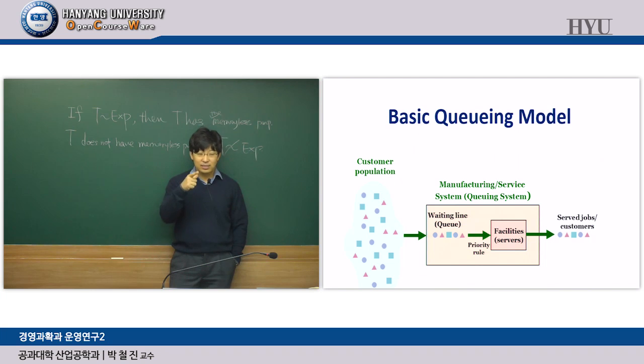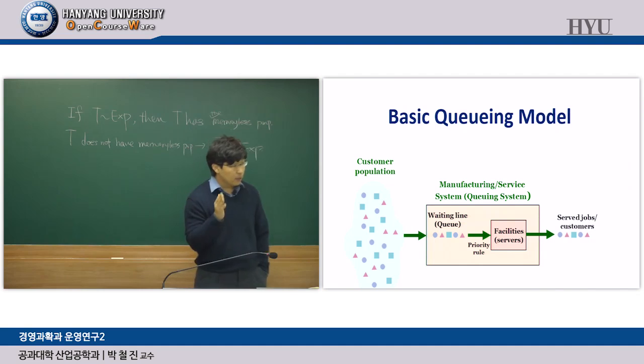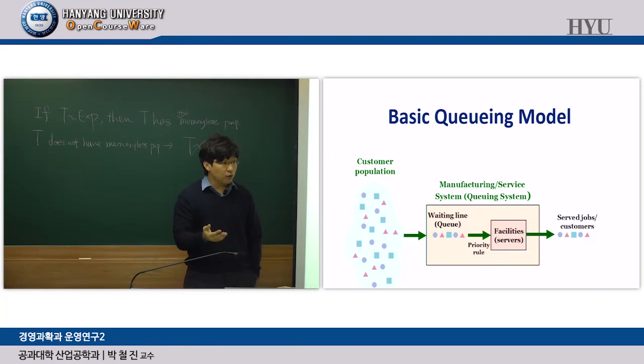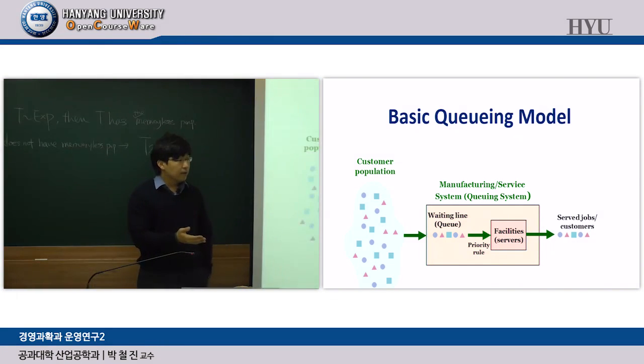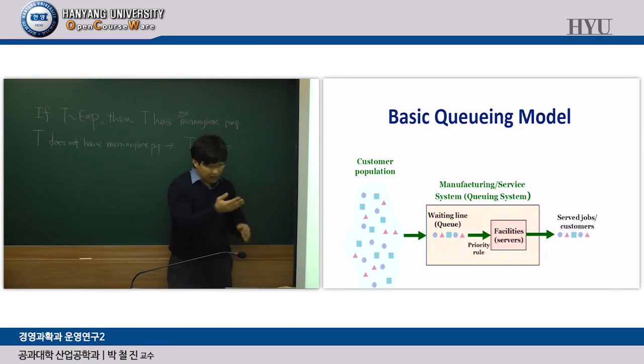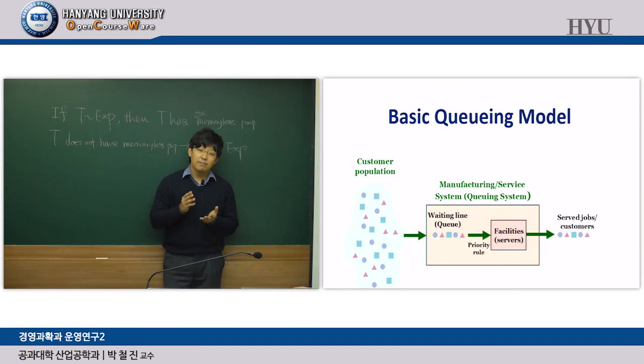The thing is, these arrival times vary, they are different for each patient or customer. Parts are similar. In a manufacturing system, even though parts arrive to the system within a day, something can happen.